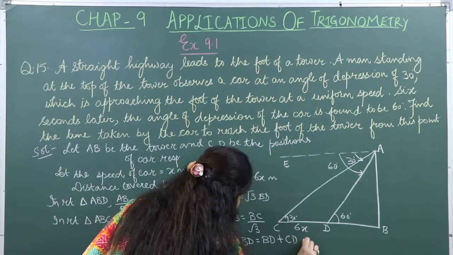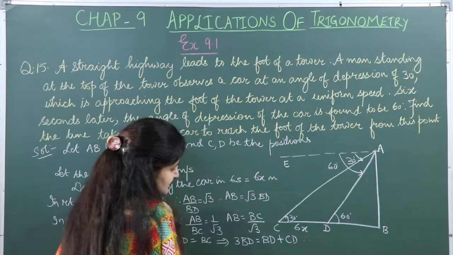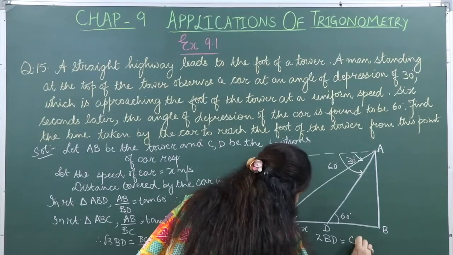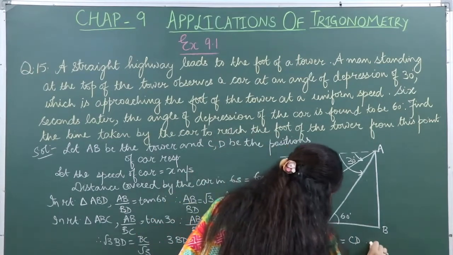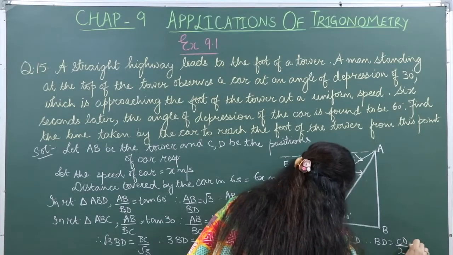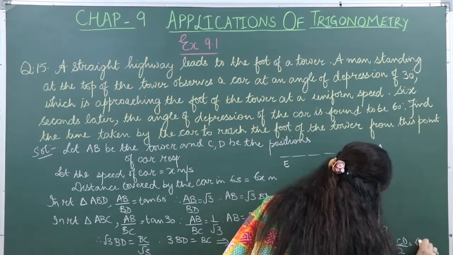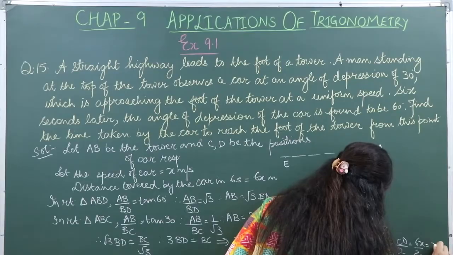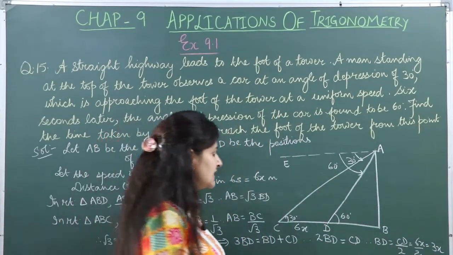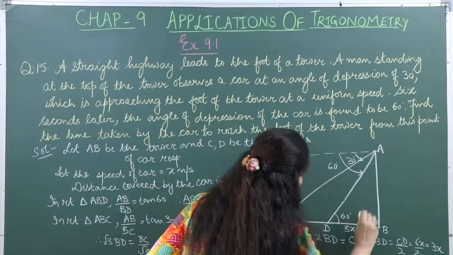So if I take BD to this side, I would get 2 times BD equals CD. So that means BD would be CD upon 2. CD is 6x. So I get 6x upon 2, that is 3x. So that means my distance BD has come out to be equal to 3x.